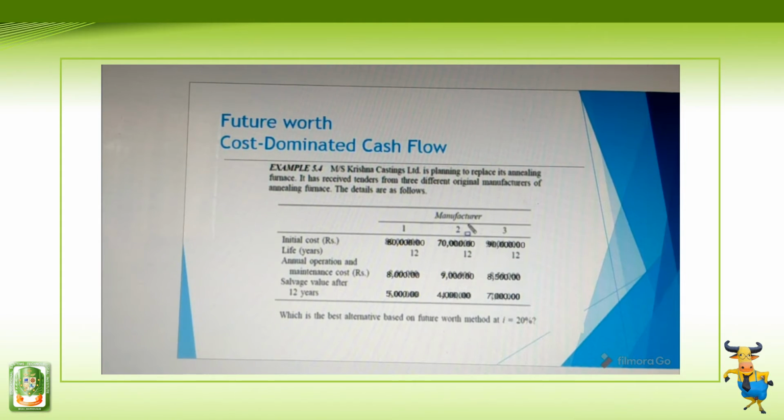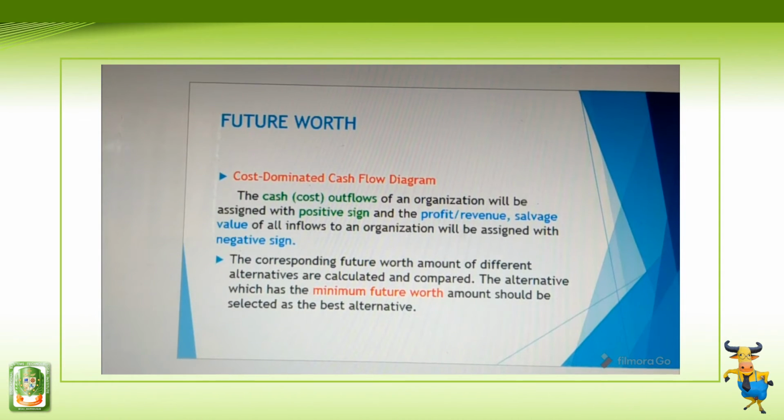So we have an example here for the future worth, which is a cost-dominated cash flow. Remember that when it comes to cost-dominated cash flow, our cost outflows are assigned with a positive sign, while the profit and revenue or the salvage value will be assigned with a negative sign.